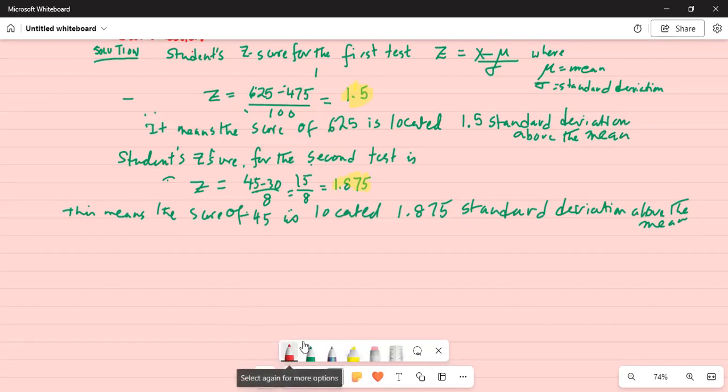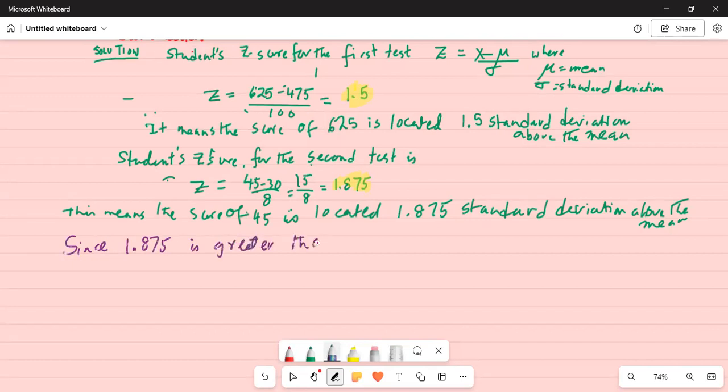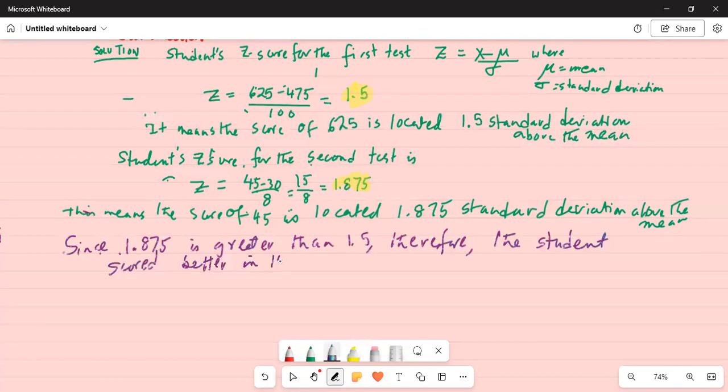Since 1.875 is greater than 1.5, therefore the student scored better in the second test.